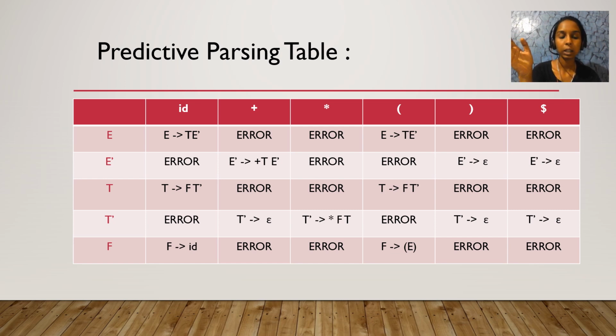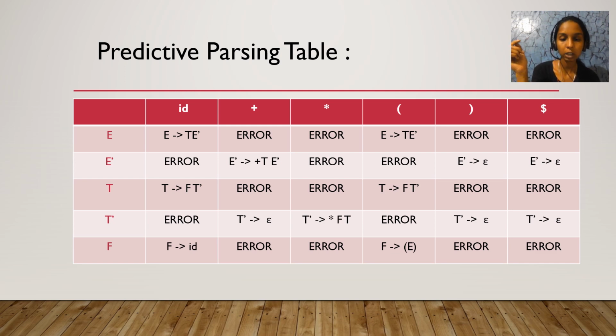So next is T. First of T is the same, open parenthesis and ID. So T tends to F T dash is represented in ID and open parenthesis. Next is T dash. First of T dash consists of star and epsilon. In place of star you place T dash tends to star F T dash, and for epsilon you have to consider the follow of T dash.